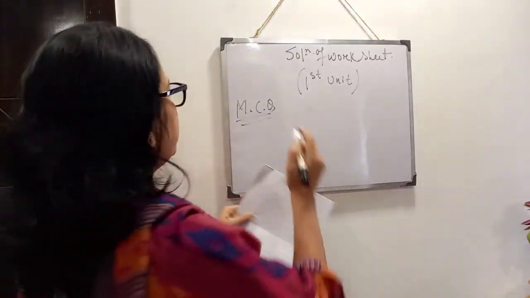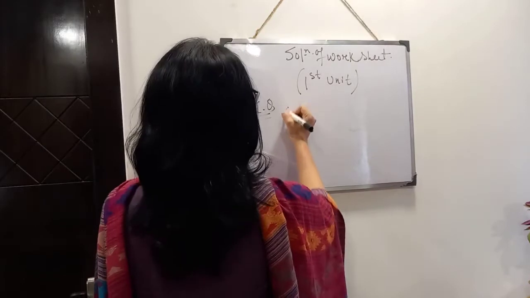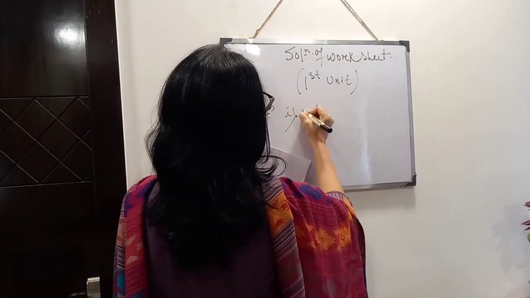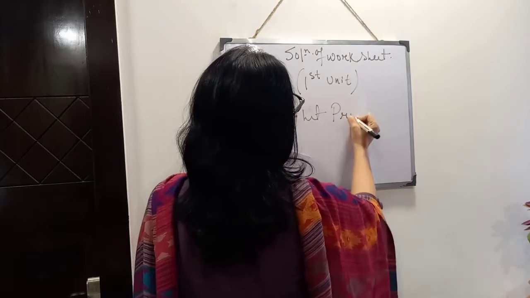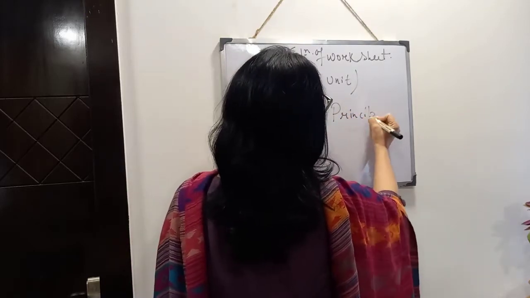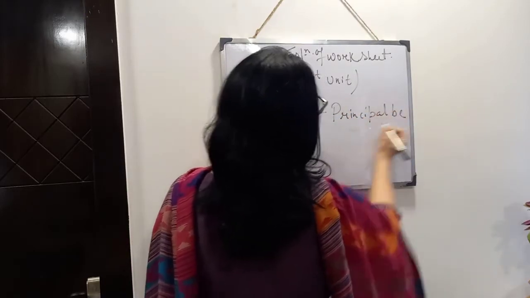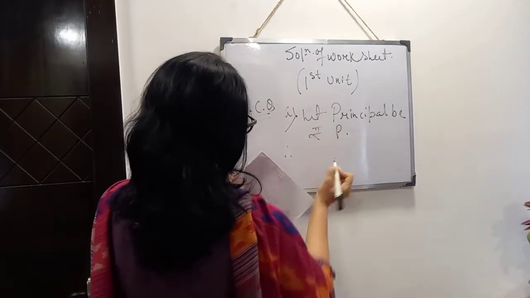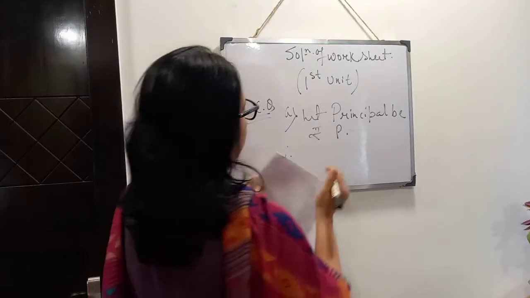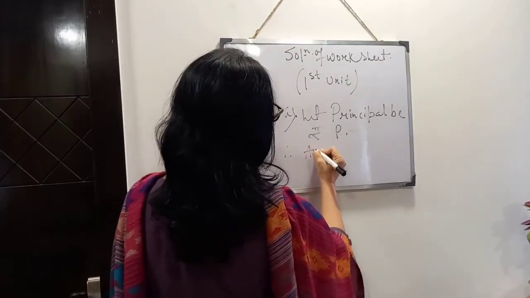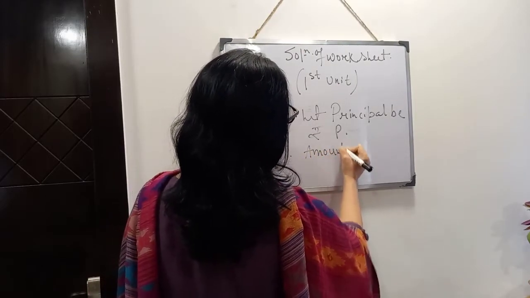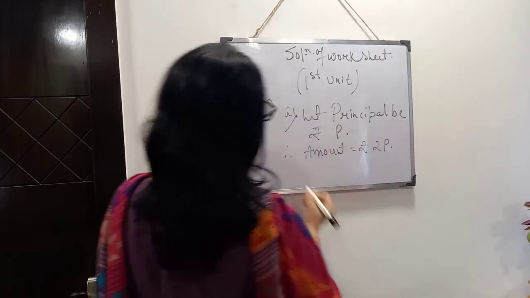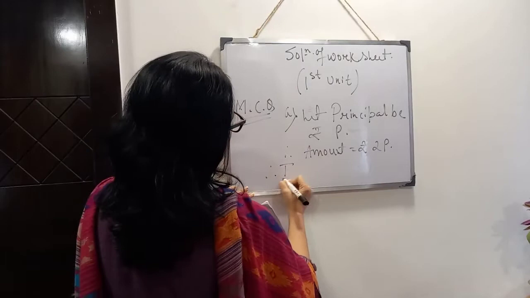Okay. And at the same rate, second case, the principal will be 3 times. First case, here let principal be rupees P. Therefore, amount becomes double, amount is twice of P. So, what will be the interest?